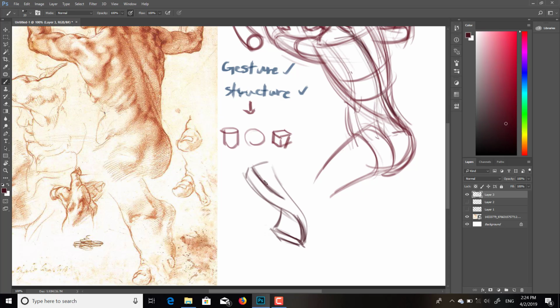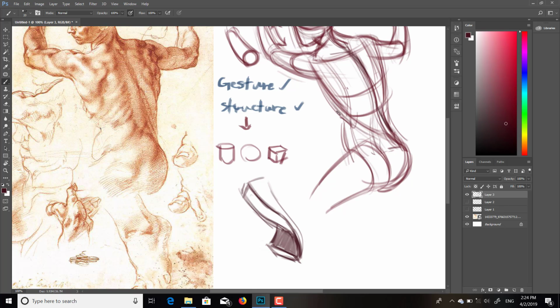You see, in this way you can understand where to put this line to show the twisting of the body. And I remember that I've told you something about overlap.